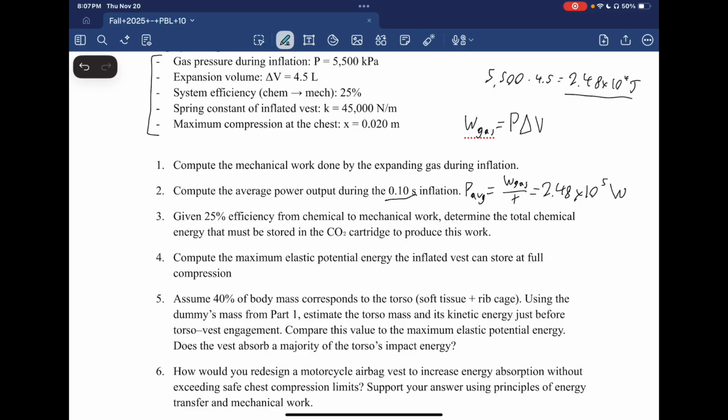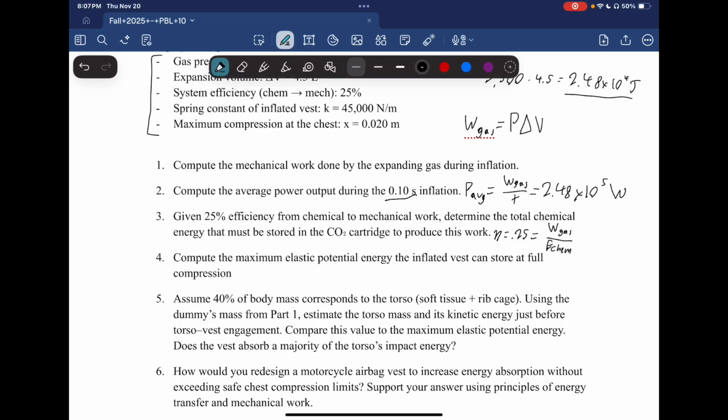Question 3, given 25% efficiency from chemical to mechanical work, determine total chemical energy that must be stored to produce this work. So our eta is equal to 0.25. And then this is equivalent to the work of the gas divided by the chemical energy.